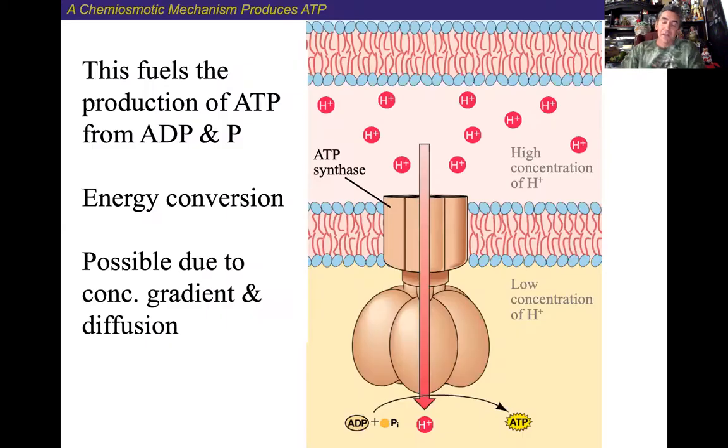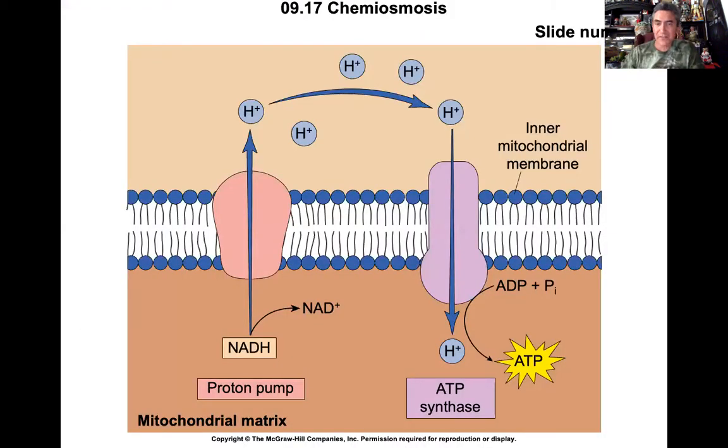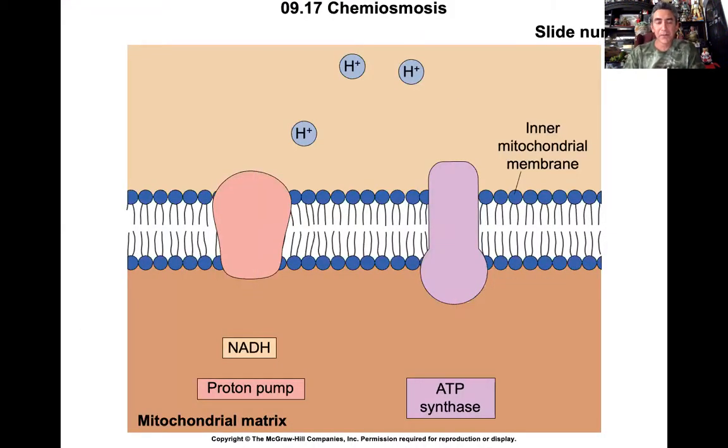So again, same concept, just very, very simplified here. So how does the electron transport chain work? Right? First, we need our NADH to give up its electron. Electrons will flow through the membrane, and hydrogen ions will flow across from matrix to cristae.